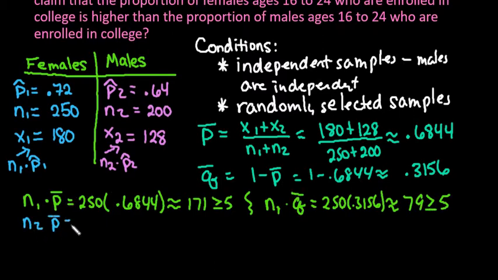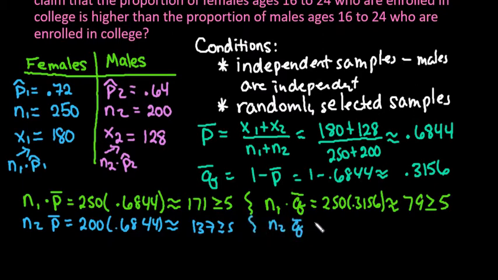So n2 times p bar, this time we would use 200 times 0.6844, which is approximately 137, which is greater than or equal to 5. And then n2 times q bar, we would take the 200 times 0.3156, and we get approximately 63.